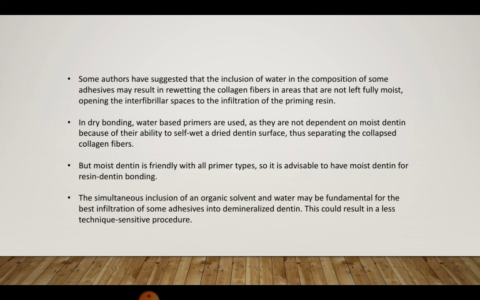Now in dry bonding, as I told you, there are two kinds of primers, water-based primers and acetone-based primers. In dry bonding, water-based primers are used as they are not dependent on moist dentine because of their ability to self-wet a dried dentine surface. So a thin film of water is not needed to be left.